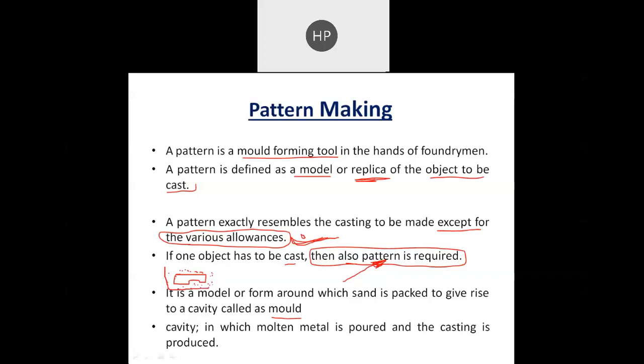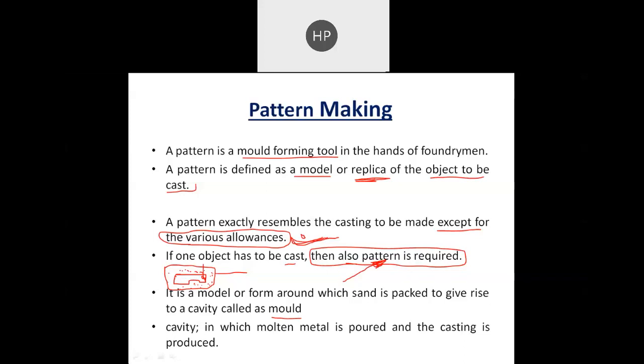This combination of the pattern and sand is termed a mold, in which molten metal is poured and the casting is produced. Here we produce a hollow cavity, and in this hollow cavity we will fill the molten metal.